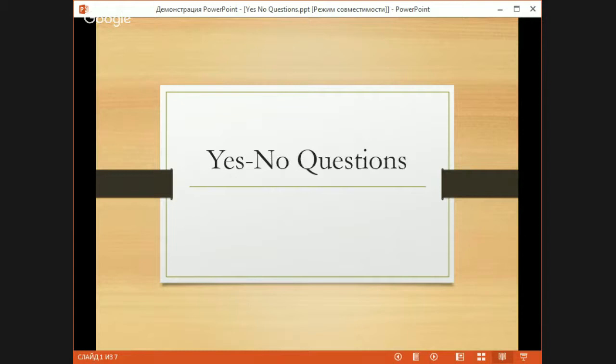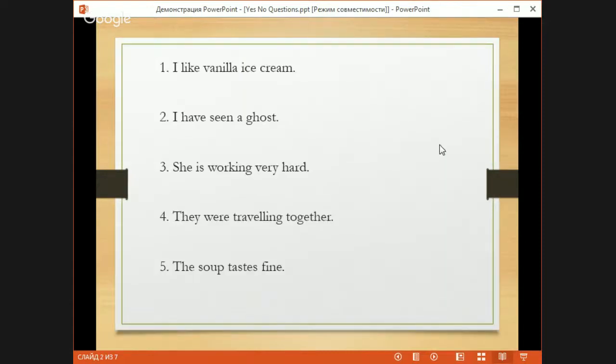Let's look at our sentences. We have five sentences. First of all, you have to identify what kind of auxiliary verb must be used, and after that create a yes/no question. Please be careful and think twice about what auxiliary verb to use.